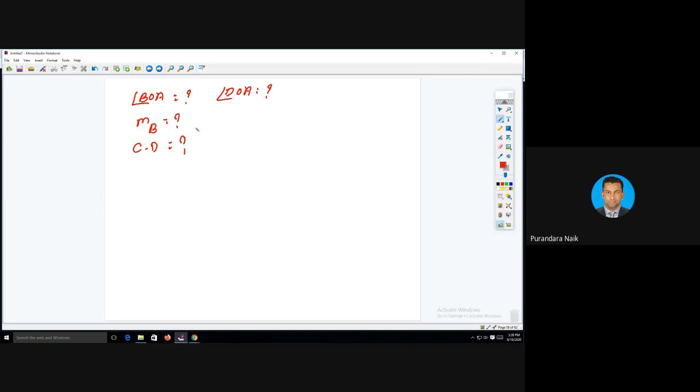Now, the first step, we need to go for the space diagram. Step 1, space diagram. Here also we have four different masses, so there are four different planes.